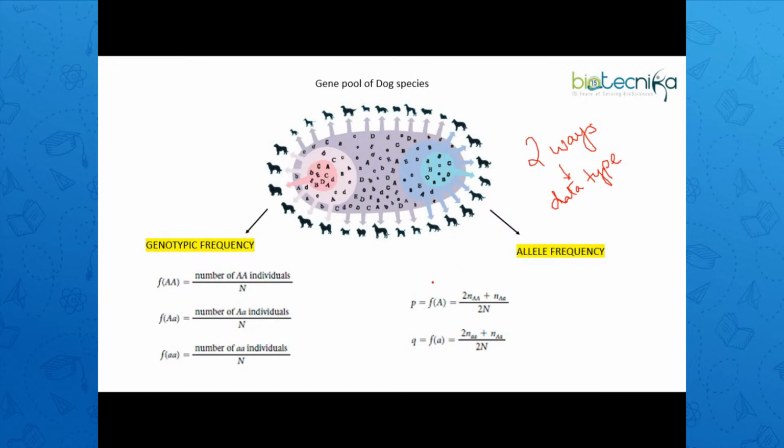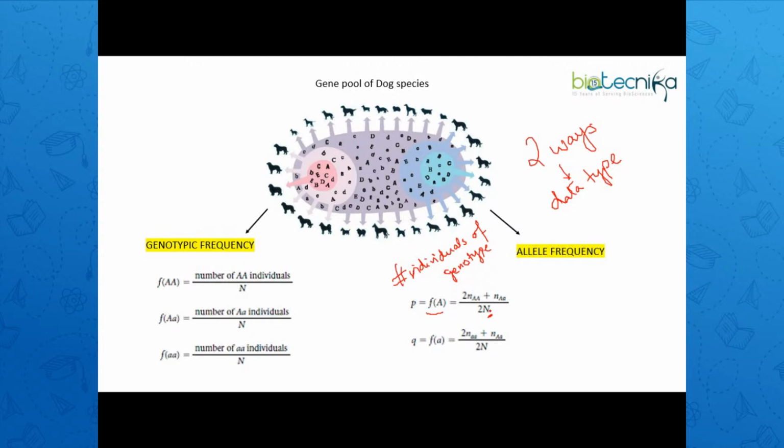Now, first and foremost, if you have the number of individuals of a particular genotype, if this data is given to you, then you can calculate allele frequency by this formula: the frequency of A is equal to 2 into the number of individuals who are homozygous A plus the number of individuals who are heterozygous, divided by 2 into the total population. Here N is again the total population.